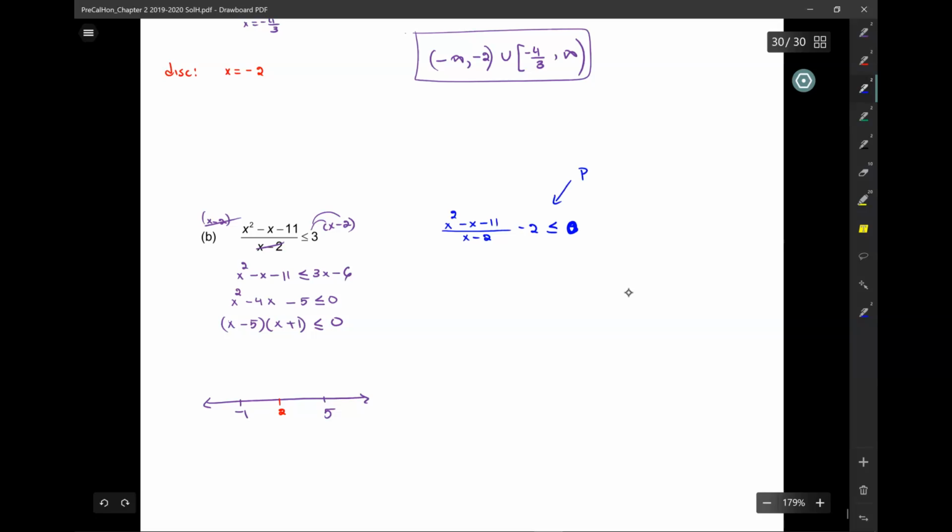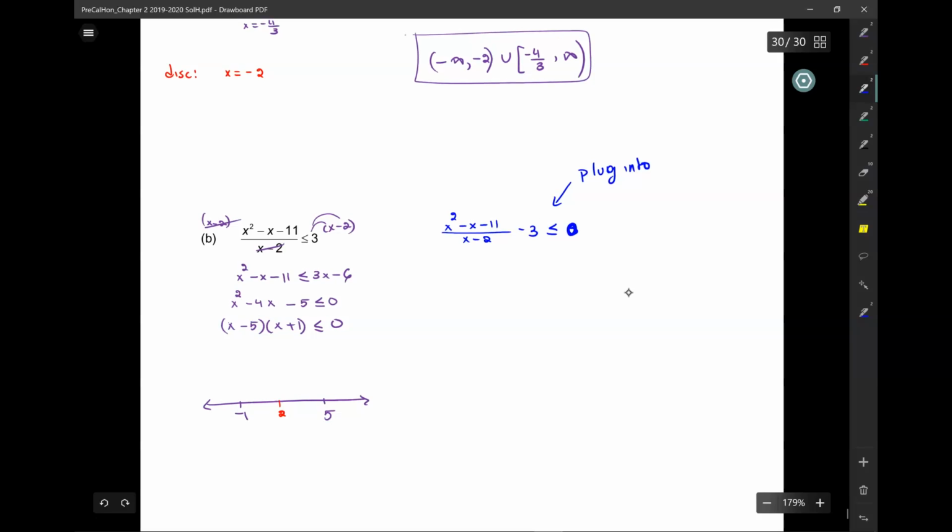Okay, so you plug into this. I don't know why I got my 3's and 2's mixed up. No, because when you plug it into the later version, you've gotten rid of the denominator. You've changed the problem, so you're going to get different results. You have to put it in the beginning before you did anything to it.